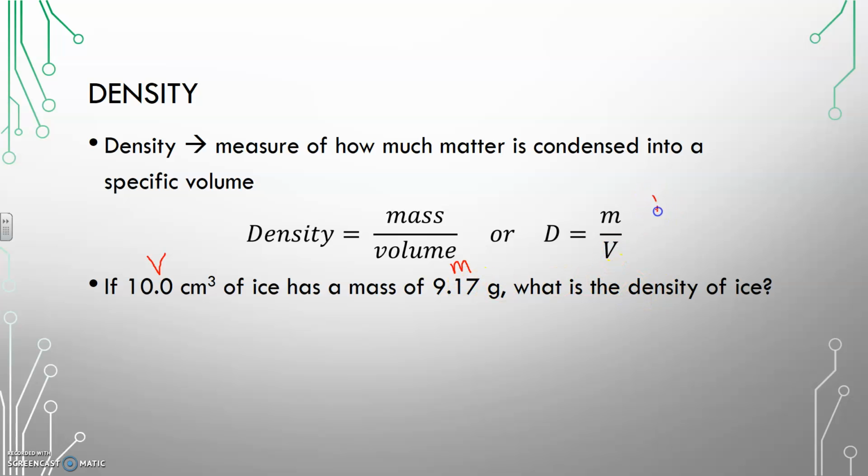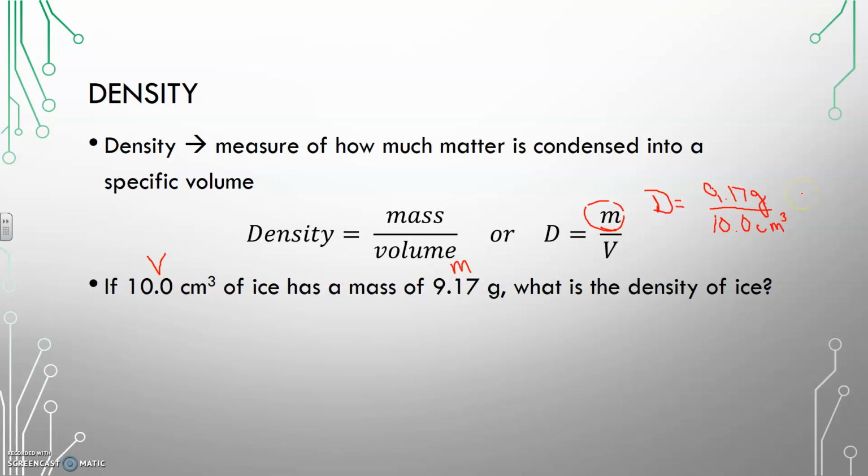We don't know density, so that is just capital D equals, and then we've got mass. Mass goes on top, so we can write 9.17, that's grams. Then we have our volume, which goes on the bottom: 10.0, and that's centimeters cubed.